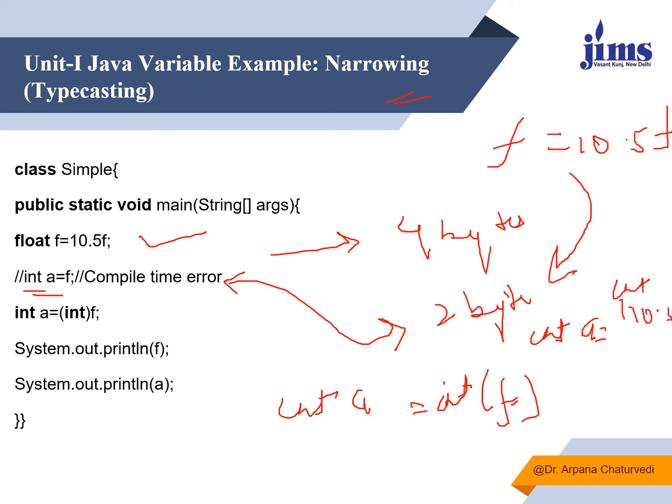So when you try to print a, you will see that only the integer part is going to get stored into this, that is 10. The output will be 10. Here the output will be 10.5, but a is only capable enough to store its integer value, not the fractional part, because I typecast it. If I write it in this way, the compile time error will occur, and this is known as typecasting.